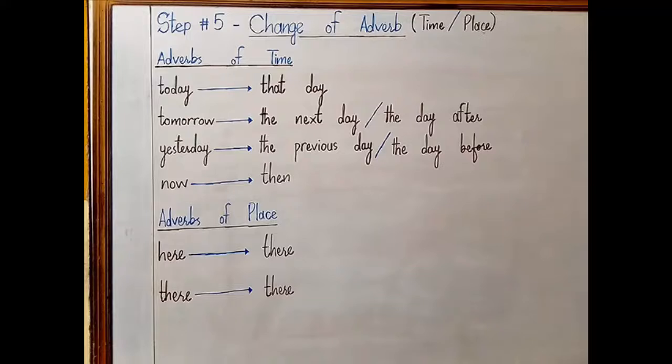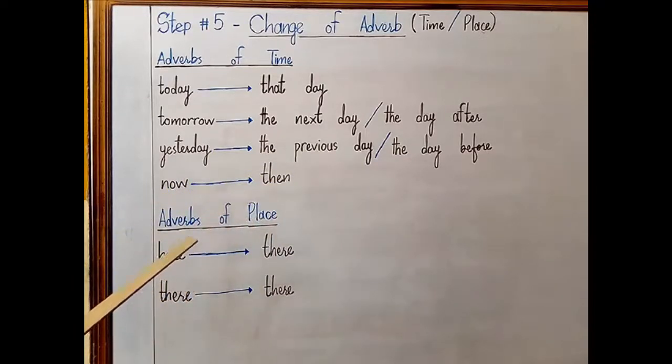If you have today in the direct sentence, you change that today into that day. If you have tomorrow, you change tomorrow into the next day or the day after. If you have yesterday, you change yesterday into the previous day or the day before. If you have now, you use then.